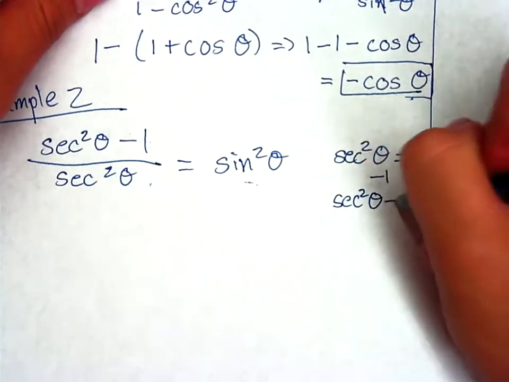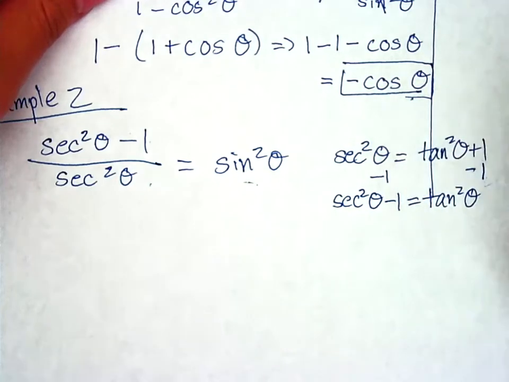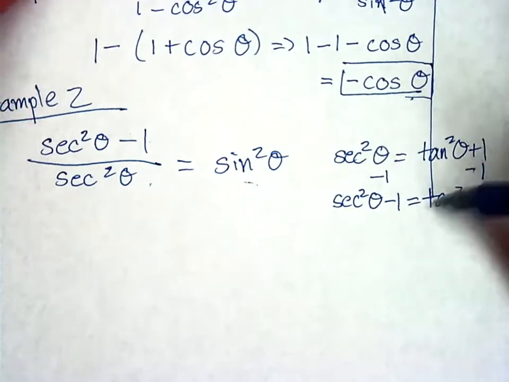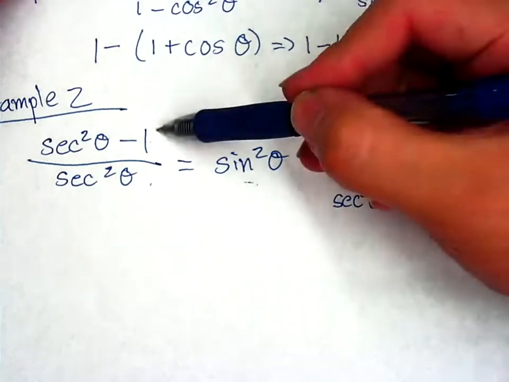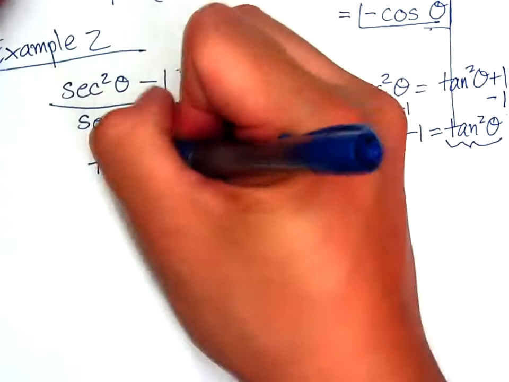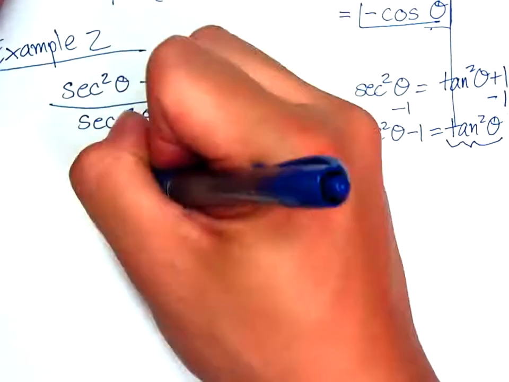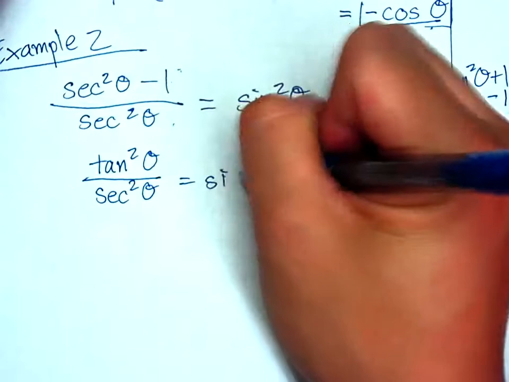So I get secant squared theta minus 1 is equal to tan squared theta. With that, I'm going to substitute tan squared theta into the numerator so that I can simplify this a little more. Tan squared theta over secant squared theta is equal to sine squared theta.